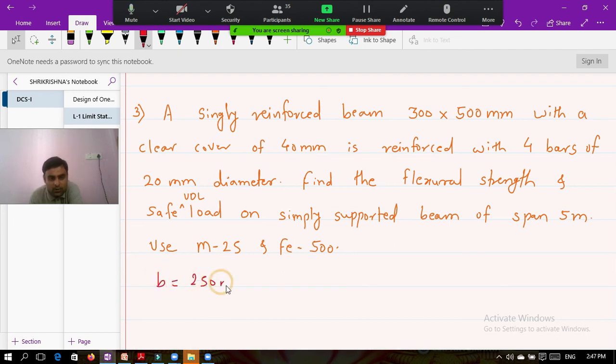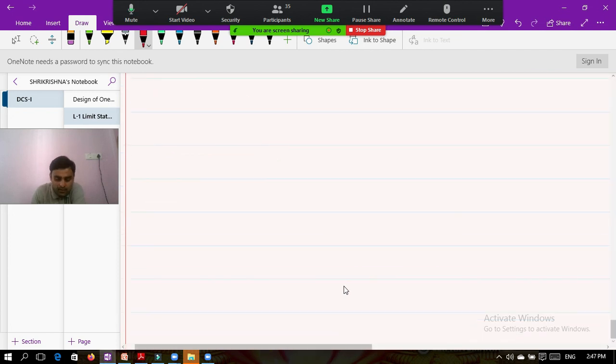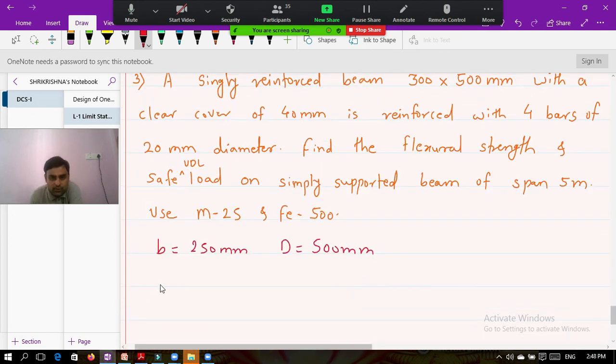B is equal to 250 mm. D is equal to what? D is 500 mm. Okay. Now what is the value of small d then? Small d is equal to overall depth minus clear cover, clear cover is 40, minus half of bar diameter, 20 by 2. So this must be equal to 500 minus 40.